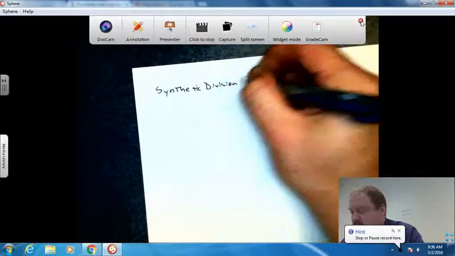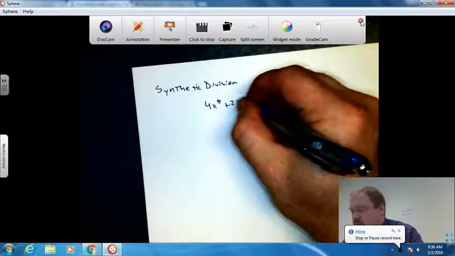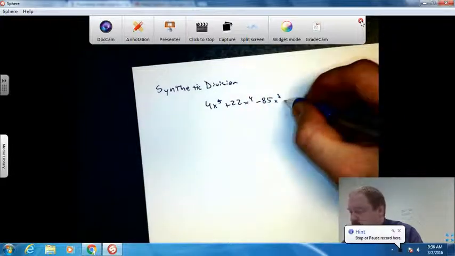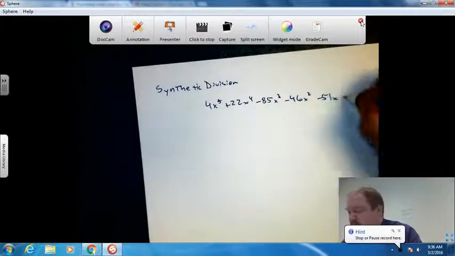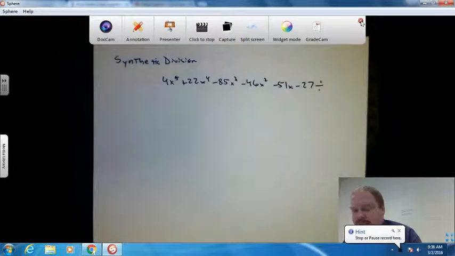So here is the problem. 4x to the fifth plus 22x to the fourth minus 85x cubed minus 46x squared minus 51x minus 27. And we're going to divide that by x plus 8.